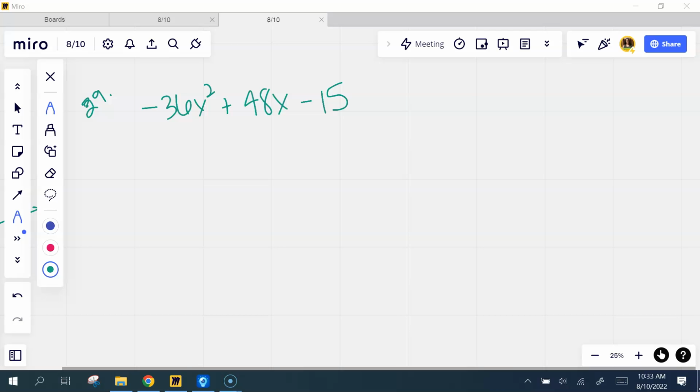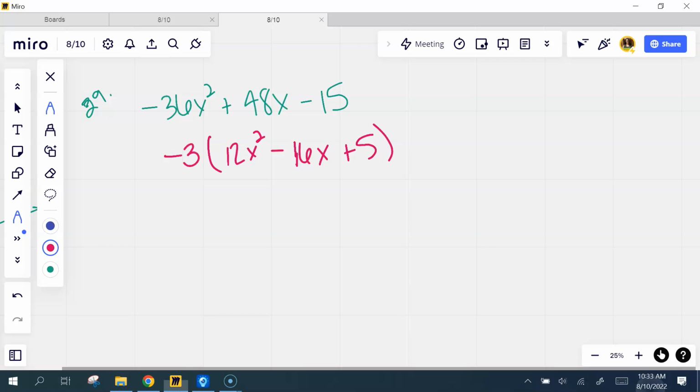So I know I'm going to take a negative out. Is there another GCF here besides just -1? 3, -3. If I take out -3, what's left? 12x squared. Yes. Plus 5.